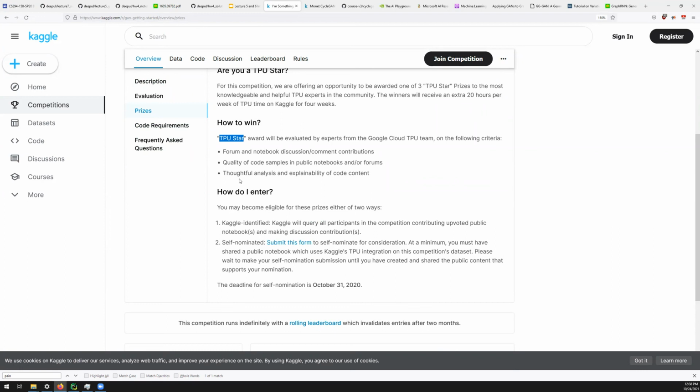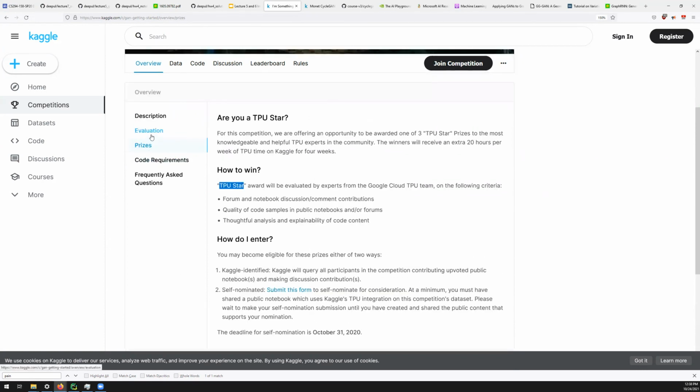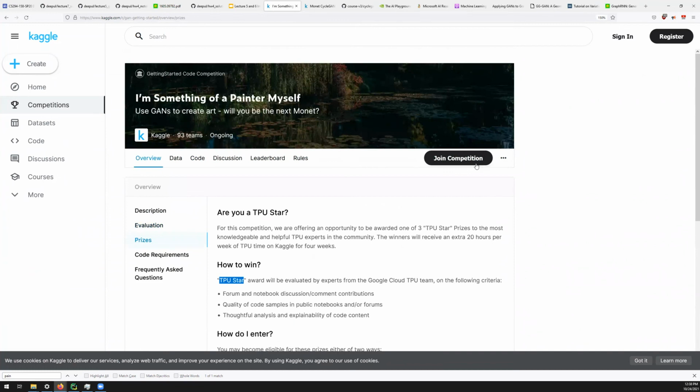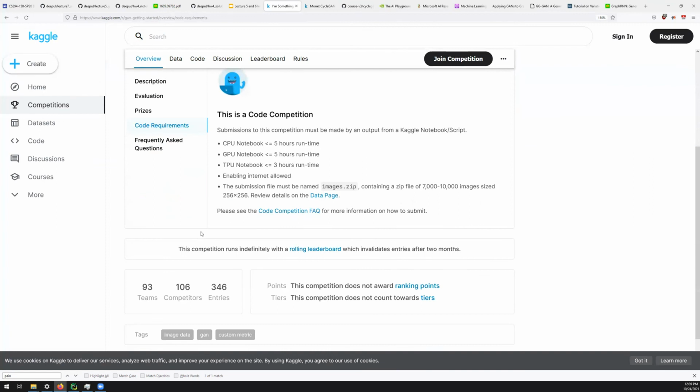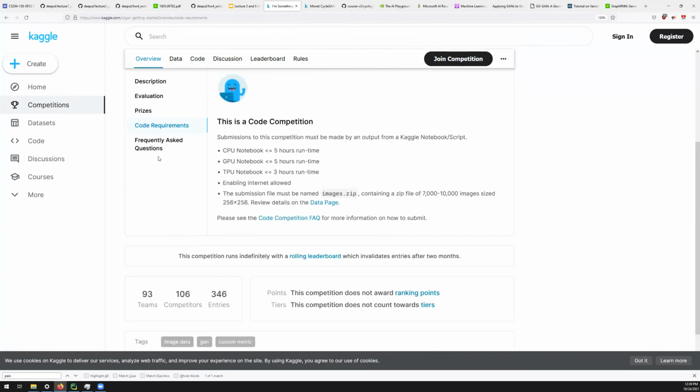Yeah, it's already ended, but the data is available, and I was just curious about the question of, if we use TPUs, how much does it speed up, and how much does it increase the size of images that we can play with, and things like that. So this would be interesting from that perspective.